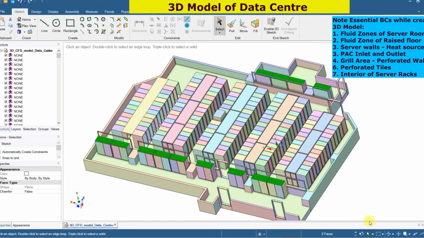For CFD simulation, we can consider only the fluid domain in the data center. We don't need to model the whole PS unit. We can discard the solid compartment.